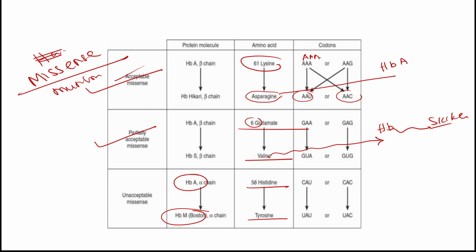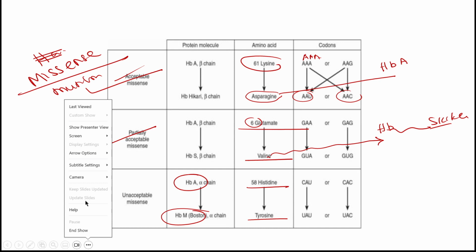So this is how missense mutations can be illustrated. Easy, but again a bit of a complicated thing. The other mutation that I'm going to illustrate is the nonsense mutation. What does nonsense mean?